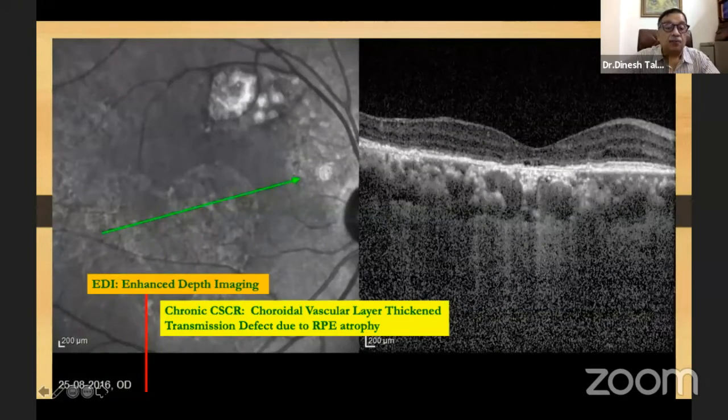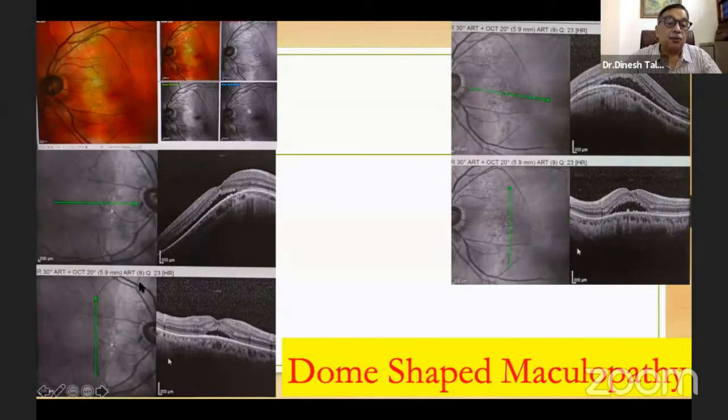Now let's come to other things. What else can help you to make a diagnosis of CSR? If you do enhanced depth imaging, you can pick up that the choroid is very thickened. You can see that the choroid is very thickened in this patient, and the presence of thickened choroid with fluid is a sign that you're dealing with central serous retinopathy. But sometimes you can have something that looks like central serous retinopathy, and yet this is not CSR.